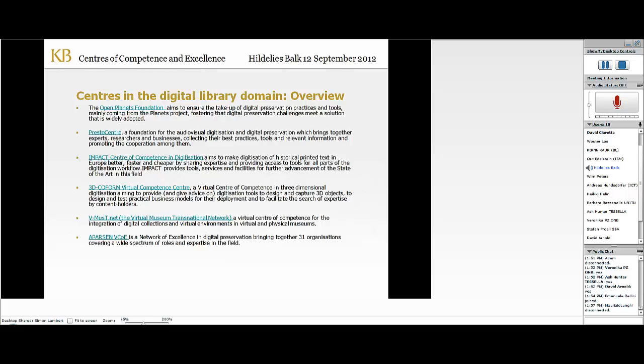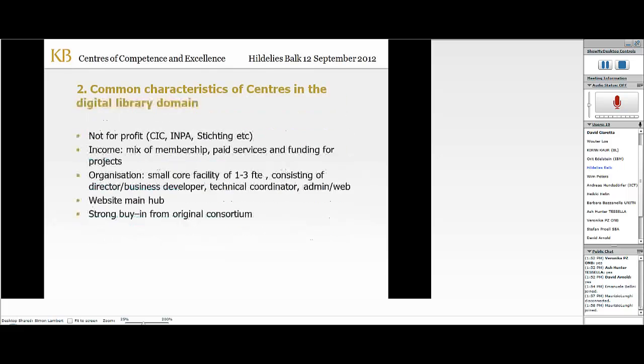There is the 3D CoForm Virtual Competence Center that David Arnold will talk about later. I'm really happy that he was able to join, for the capture and design of 3D objects. And there's VMUSNet, the Virtual Museum Transnational Network. I'm really sorry that Daniel was not able to join because he has really interesting things to say about how they sustain already their center. And then, of course, APARSEN, that's hosting this webinar now.